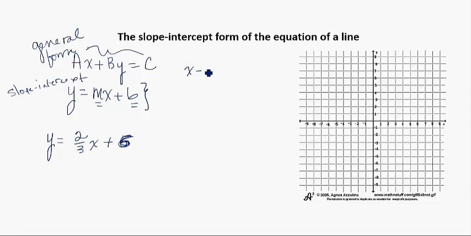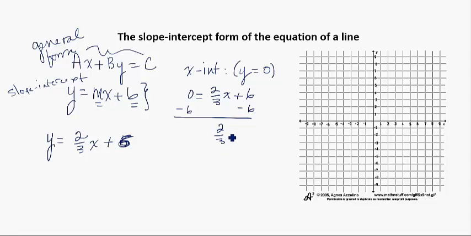I'm going to graph this by first finding the x-intercept. And if you recall, the x-intercept, the point where the graph crosses the x-axis, is the point where y is 0. So I'm going to substitute 0 in for y in y equals 2/3 x plus 6. Subtract 6 from both sides because I want to solve for x, and I get 2/3 x is -6.